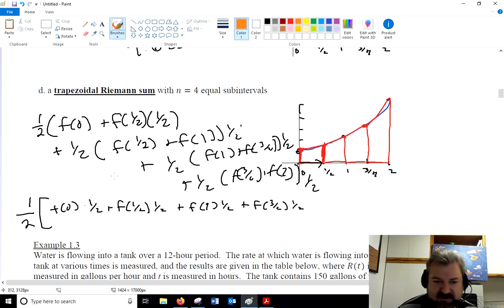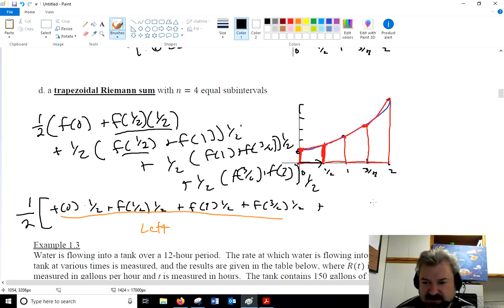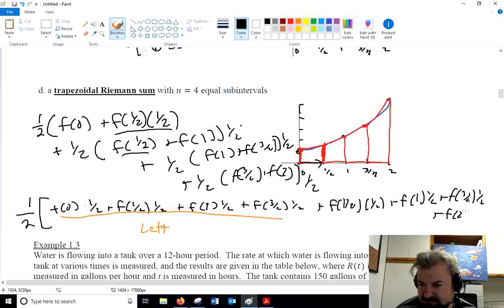And that right there is a left Riemann sum. So that's the left sum, right? But I had another f of 1/2. I had one here and I had another one here. So I've got an f of 1/2 times 1/2 plus f of 1 times 1/2 plus f of 3/2 times 1/2, and I'll write down here plus f of 2 times 1/2. Well, that's the right Riemann sum. This over here is the right sum.